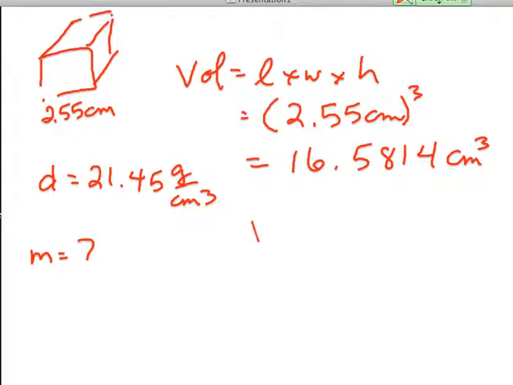So then I know velocity. I was doing physics with my son last night. Volume, no, what am I doing? Density is equal to mass over volume. Yes? I want mass.